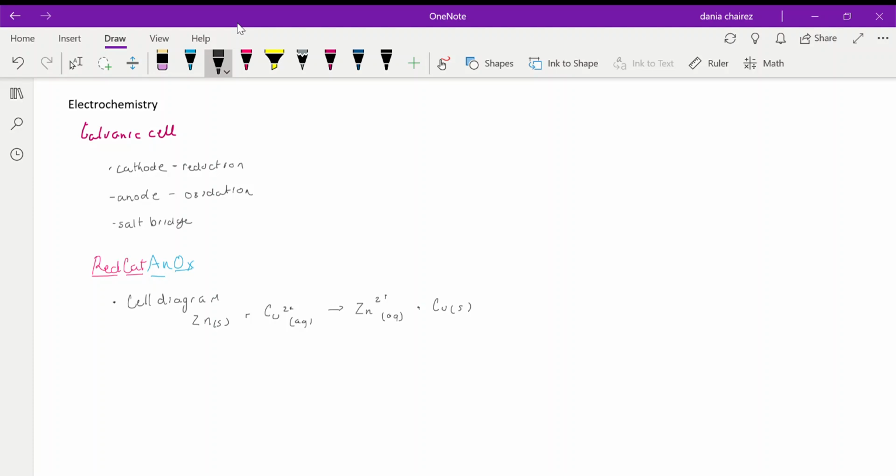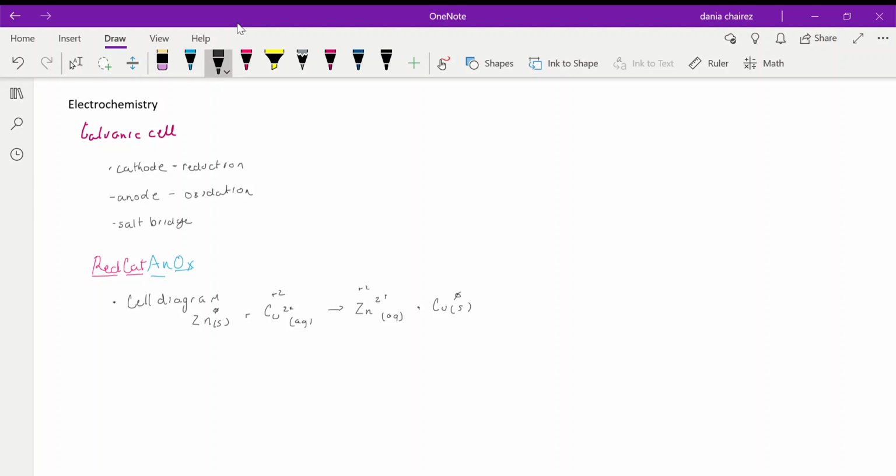Again, to figure out what's being reduced and oxidized, we look at our oxidation numbers. So 0 for our elemental states, which is solid and liquid, not gas, my bad. So then this is going to be +2, and this is +2.